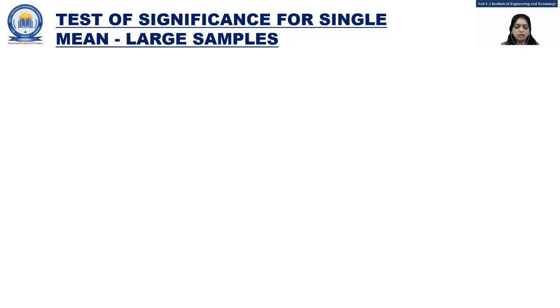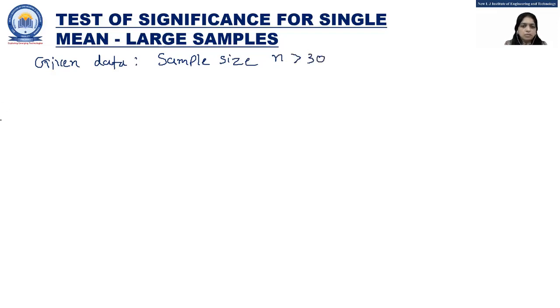So first, we discuss the working rule, how to solve significance for single mean of large sample, and that is we start with the given data. We have given sample size n, which is greater than 30, sample mean x bar, and standard deviation sigma.